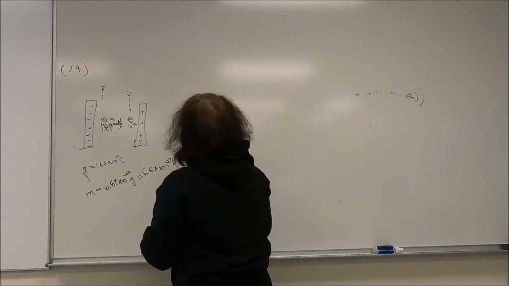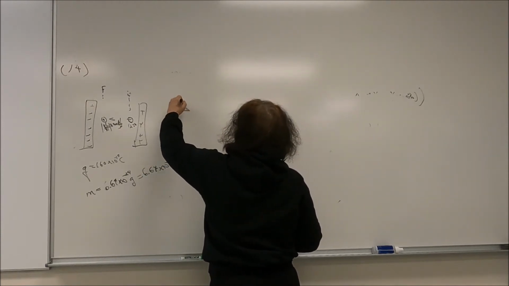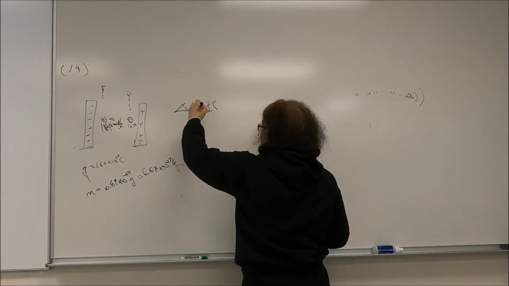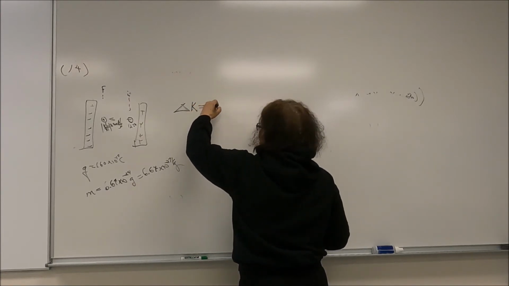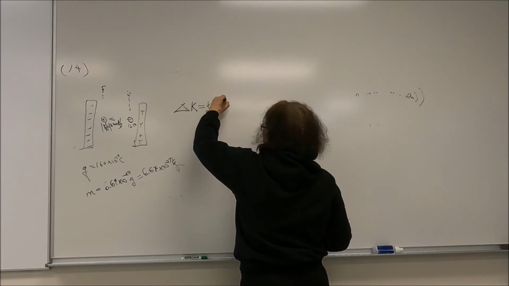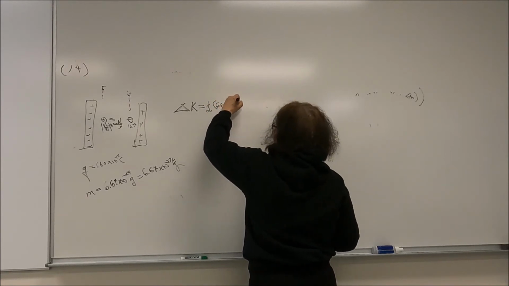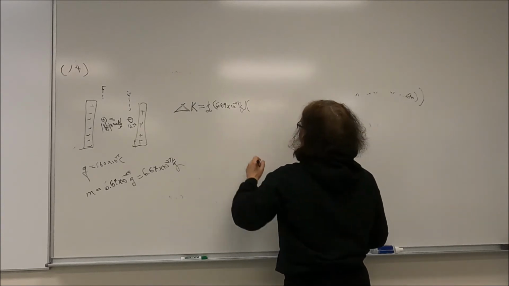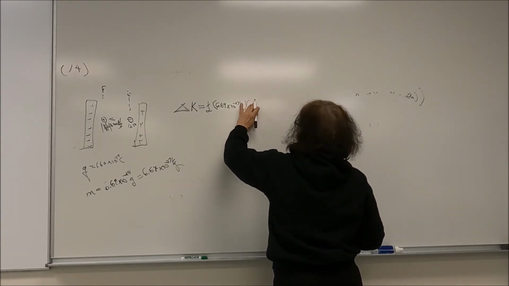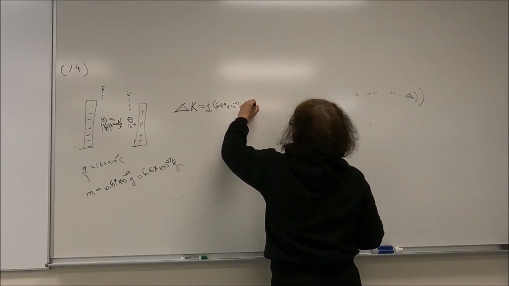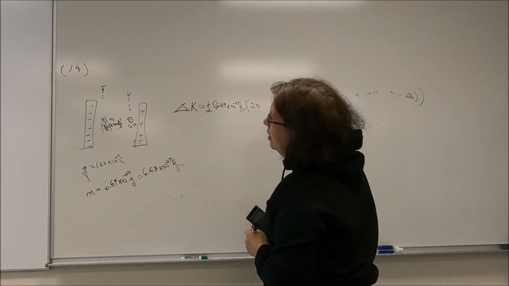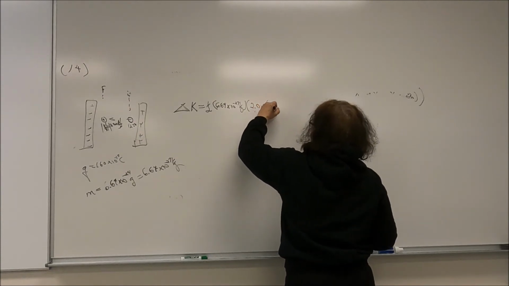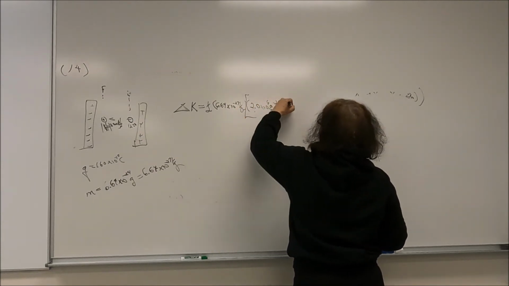Okay? So we know that the change in kinetic energy is going to be 1/2 times the mass, which is 6.64 times 10 to the minus 27 kilograms, times the final speed squared, which is 2.0 times 10 to the 6 meters per second squared, minus 0.